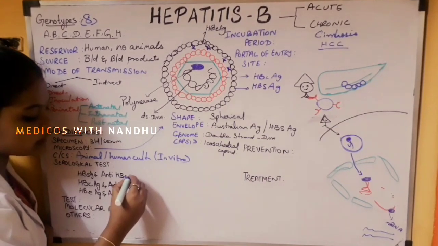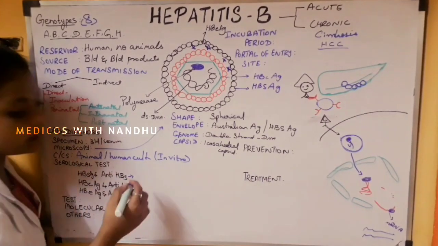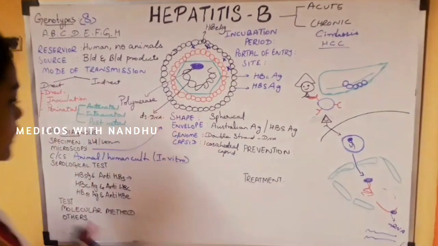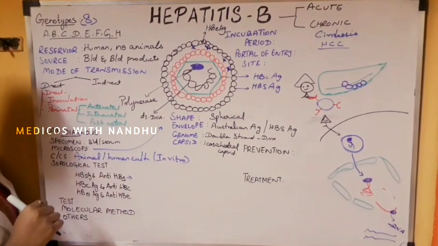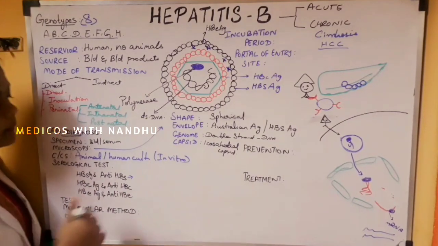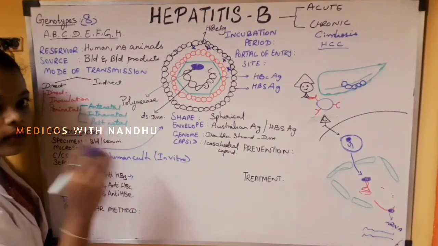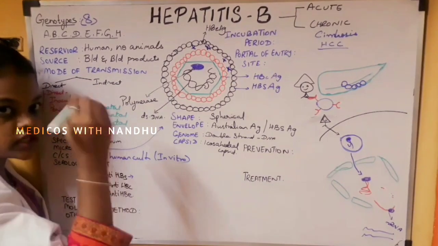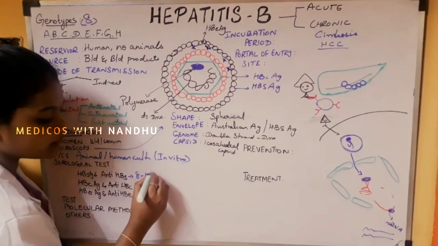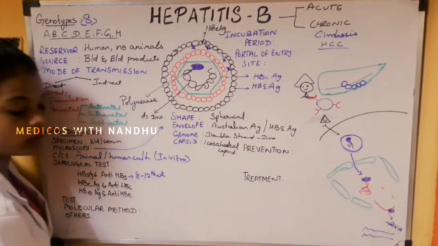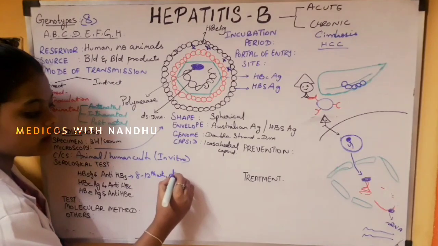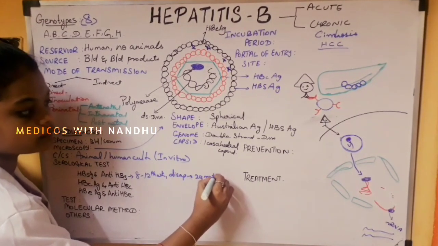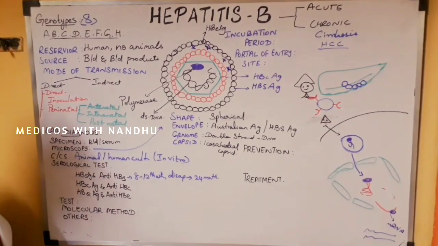In this case, the surface antigen will appear in the blood at the initial infection. It reaches the peak in the 8th to 12th week, and it will disappear in the 24th month. So this is the thing.